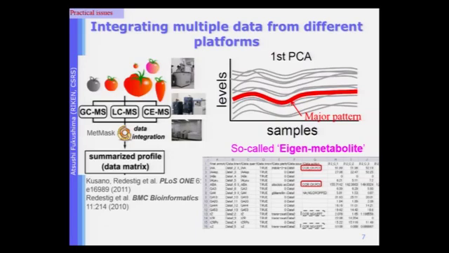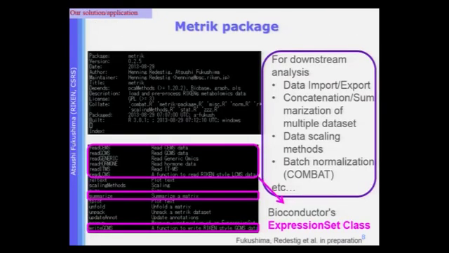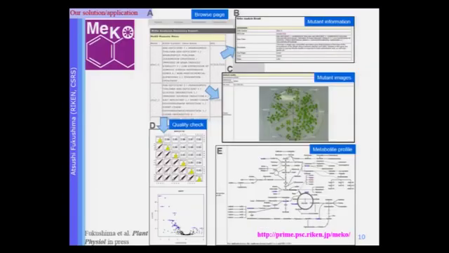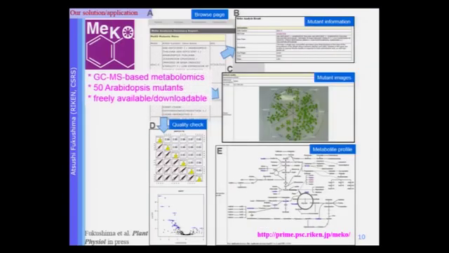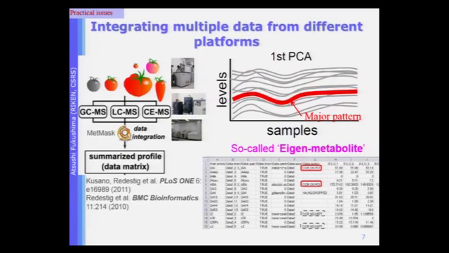As a practical issue, we faced a task integrating multiple data from different platforms. This figure shows the workflow. We obtained 3 datasets from GC, LC, and CE-MS for tomato fruit.